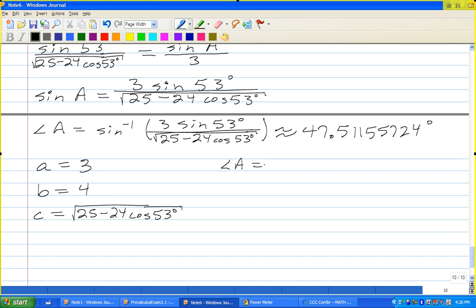Angle A, here's angle A, is inverse sine 3 sine 53 degrees over the square root of 25 minus 24 cosine of 53 degrees.